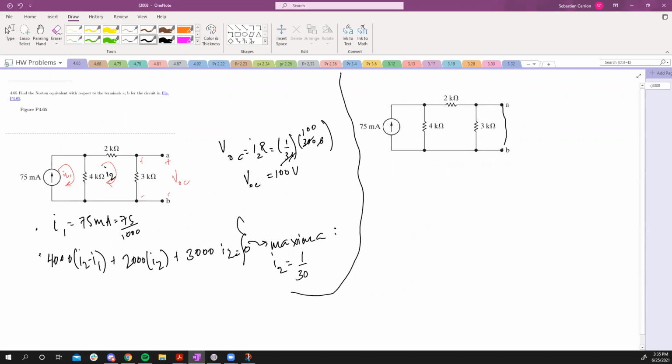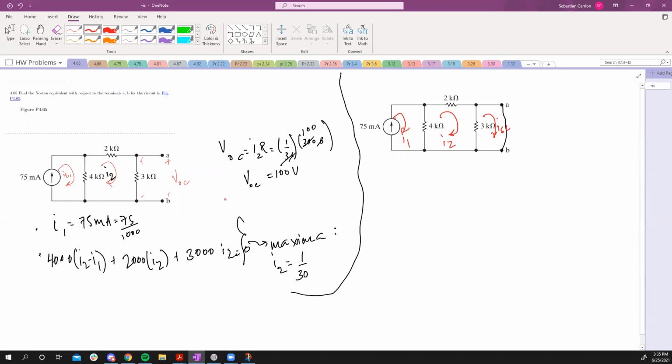So I'm going to connect these, and I'm going to make 3 loops this time. So I'm going to have the same I1, I2, and then I'm going to call this ISC, I short circuit.